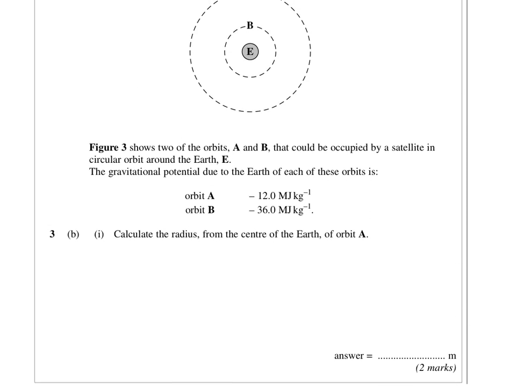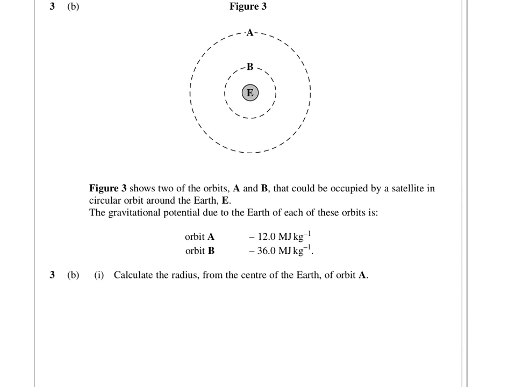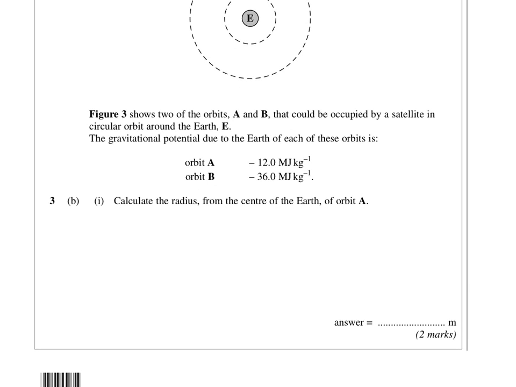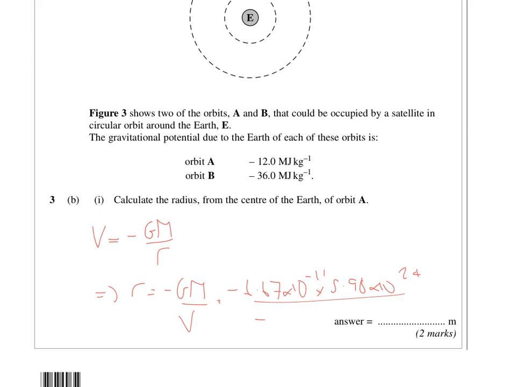So, calculate the radius from the center of the Earth of orbit A. If we think how we calculate potential, it's minus GM over r, which means that r is minus GM over V, which is minus 6.67 times 10 to the minus 11, and dig into our formula sheet, we've got 5.98 times 10 to the 24 divided by minus 12 times 10 to the 6.